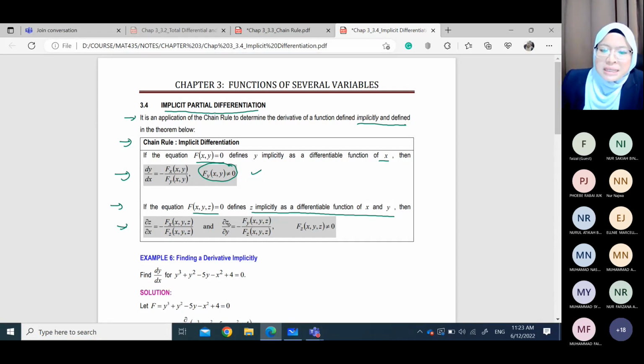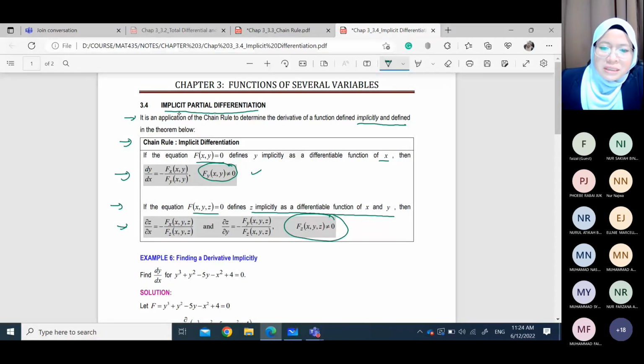And for del z del y, the formula in implicit differentiation is negative the derivative with respect to y on f over the derivative with respect to z on f, where the derivative with respect to z on f does not equal 0. So this is the condition where we know the denominator cannot be equal to 0. Okay? Faham tak? For implicit differentiation, you just apply this formula. Okay, any question for this part? Tak ada eh? So kalau tak ada, very, very good.